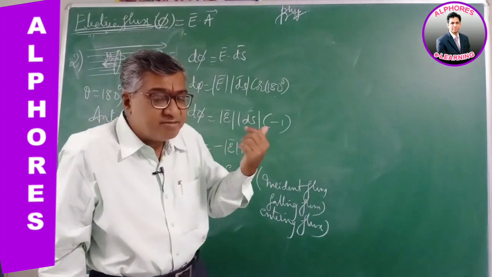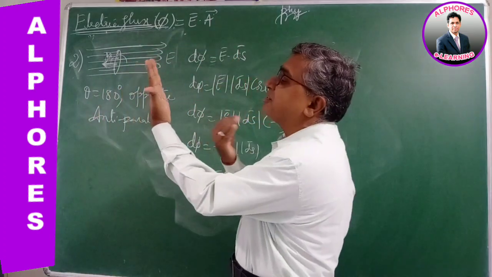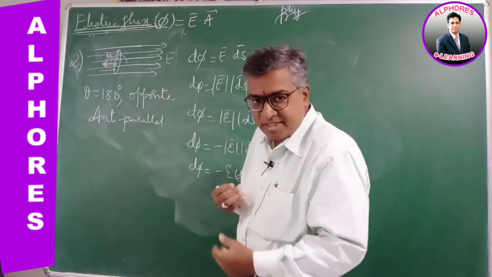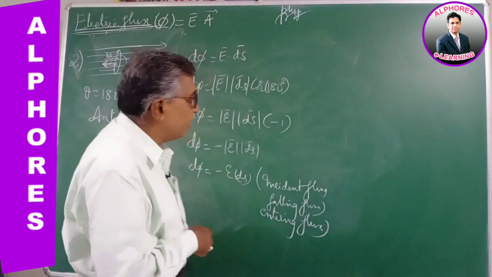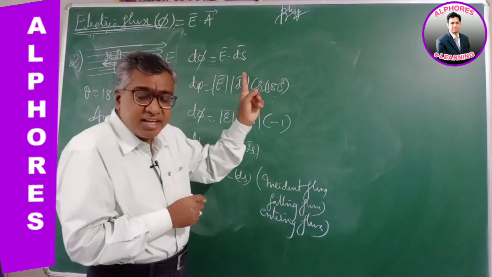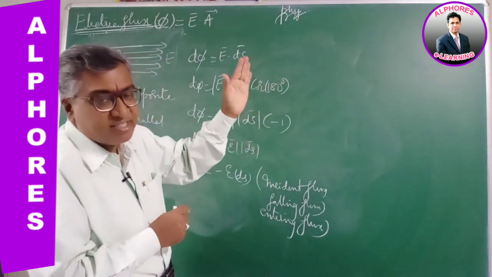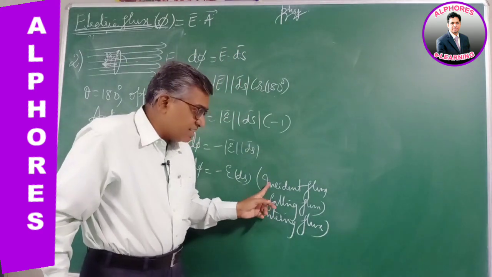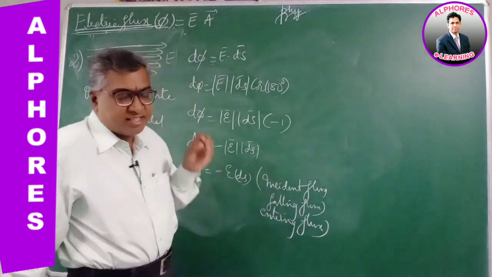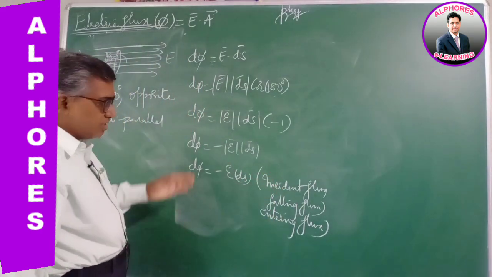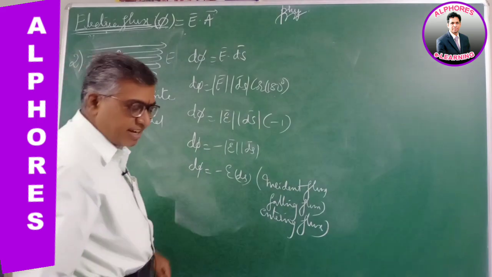In the earlier case, when theta was 0, the lines of force were coming out of the surface, emerging, then it is emitting or emerging flux, coming out of the surface, that is positive. Entering flux, incident flux or falling flux, the lines of force falling on it, that is termed as negative flux.